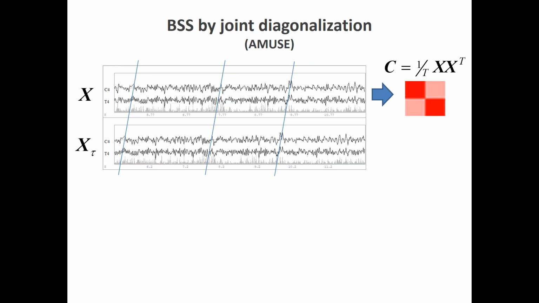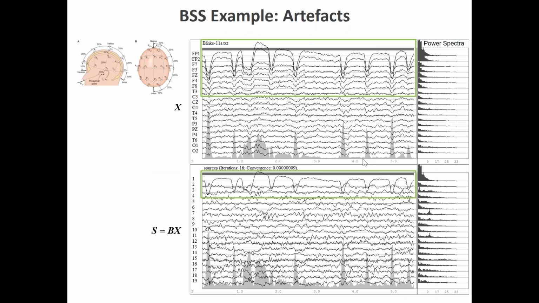Now what I'm going to do is show you step by step what we need to do to get this matrix B, so that you can actually decompose your data and remove some components or study some specific components. This is something I'm going to show you later on.